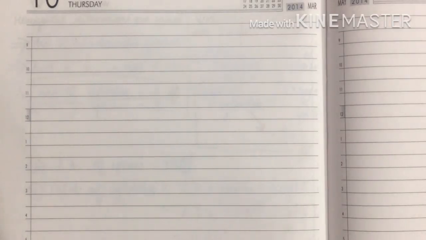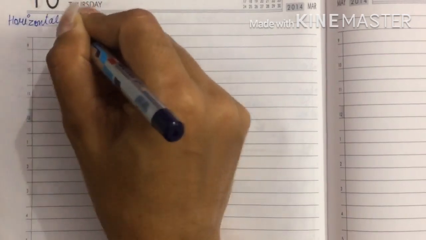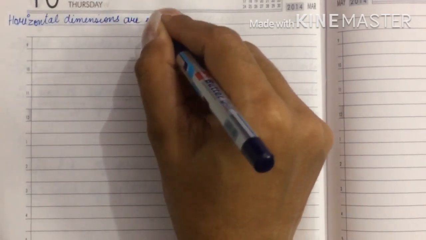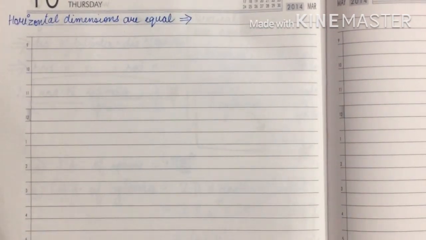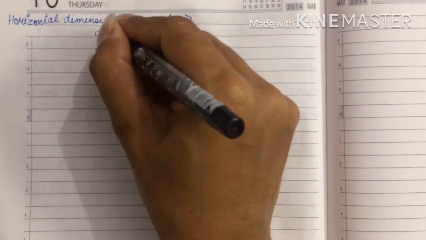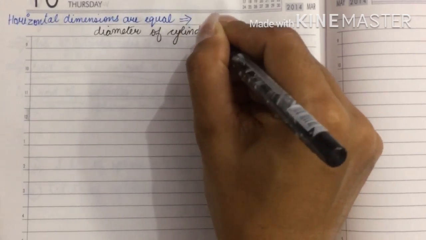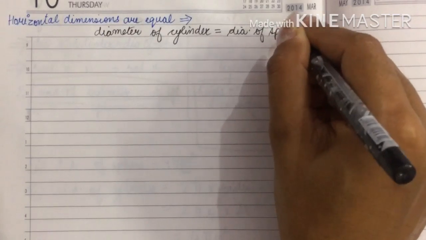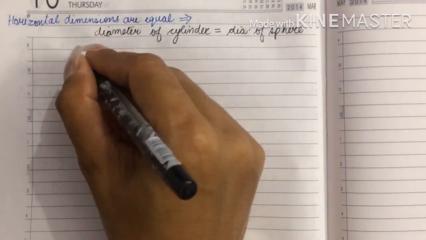So this means if horizontal dimensions are equal, the diameter of cylinder will be equal to the diameter of sphere. If the diameters of two objects are equal, then their radii will also be equal.